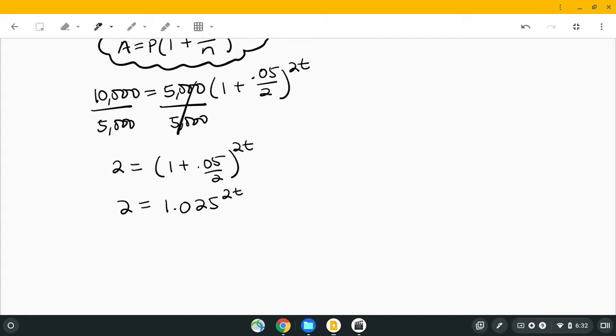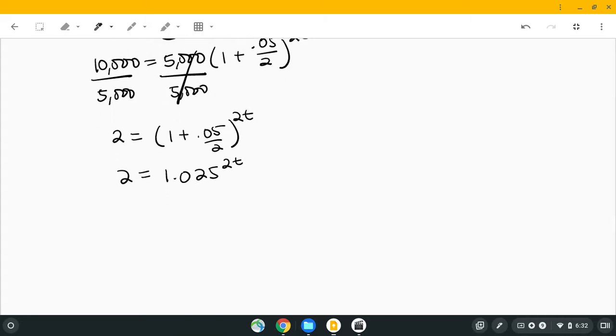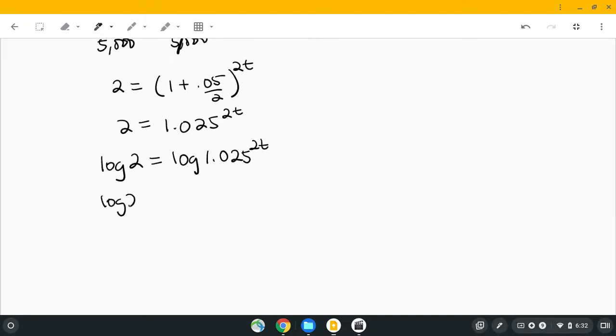And then I get 2 equals 1.025 to the 2t. So here I have to solve for t. T is wrapped up in this exponent, so I have to take the log of both sides. This is an exponential that you're trying to solve, so you have to take the log of both sides. It doesn't matter if you use common log or natural log, ln. So log 1.025 to the 2t, and now we can bring the 2t down to the front.